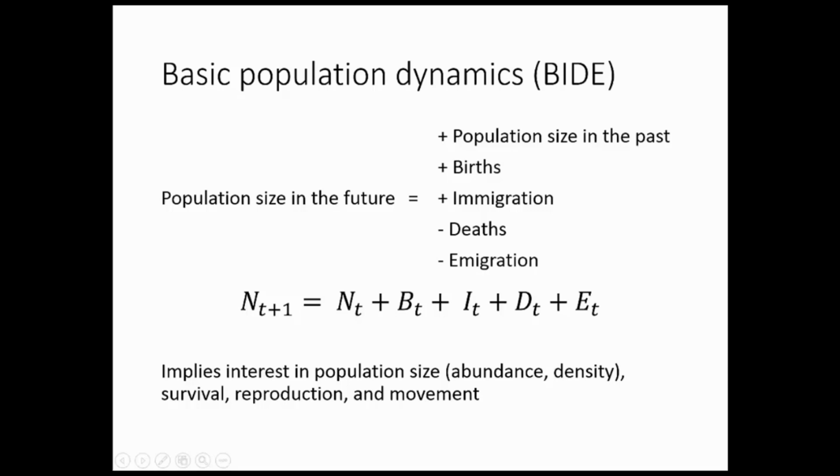So this suggests we're interested in population size. However, we're also interested in the population vital rates for survival, reproduction, and movement. And so we are interested in predicting population size over time, but this focus on the dynamics allows us a more mechanistic understanding of how the populations change through time.